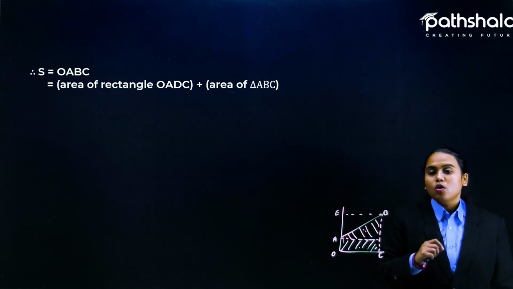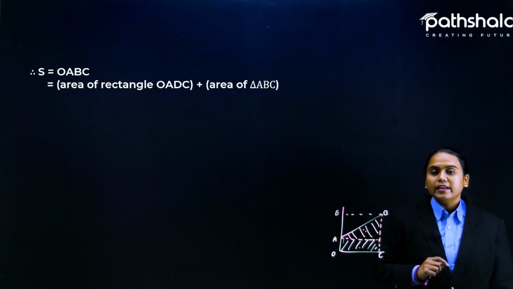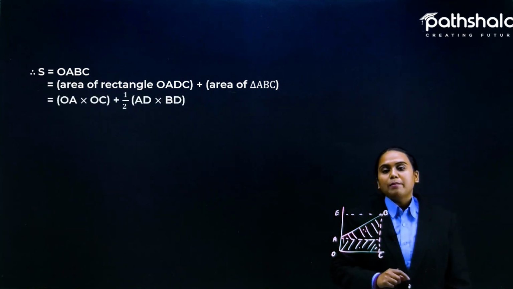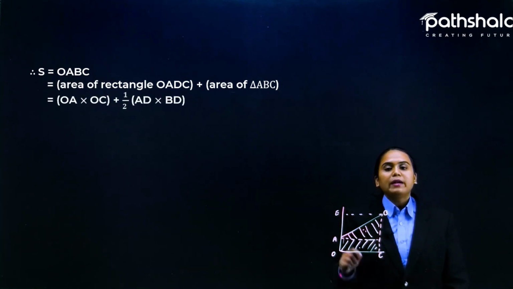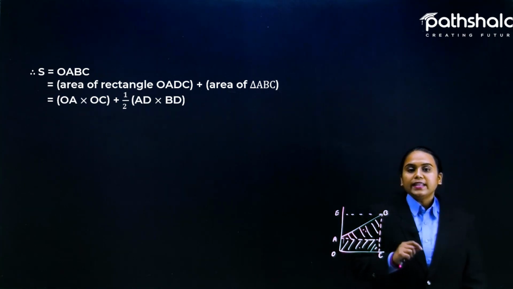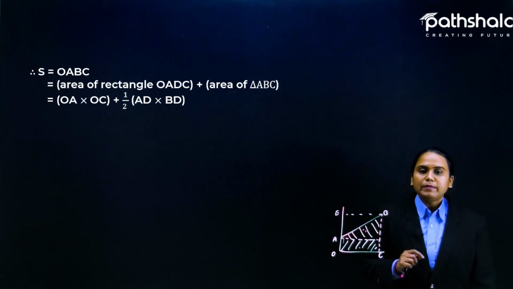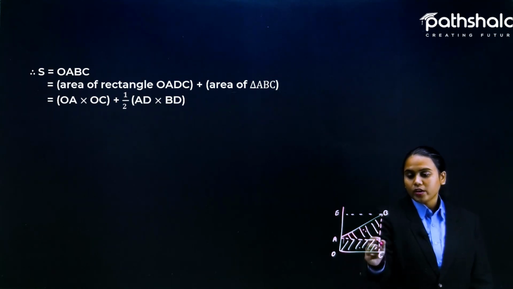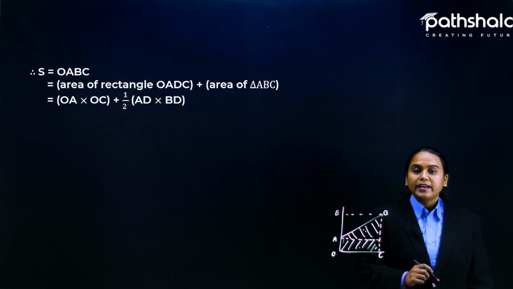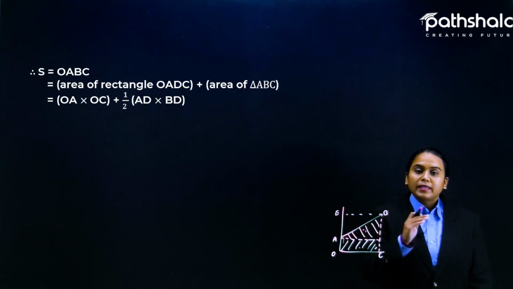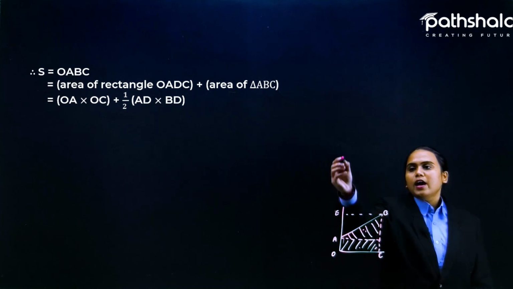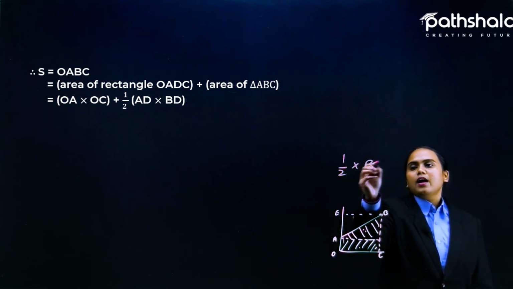Now see the area of the rectangle OADC: it gives you length multiplied by breadth, that is OA multiplied by OC. And the area of triangle ABC is half base into height, that is our formula, half base multiplied by height.